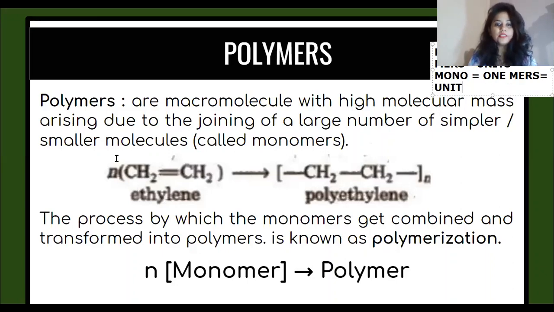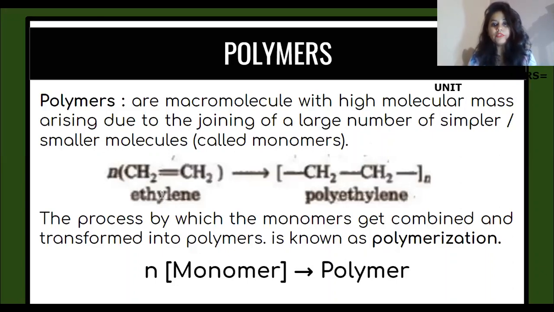As you can see here, I've cited an example of ethylene, which is CH2 double bond CH2, n times, as in there will be n number of ethylene monomers. They will combine with one another and result in the formation of polyethylene, which is CH2 single bond CH2, whole n.